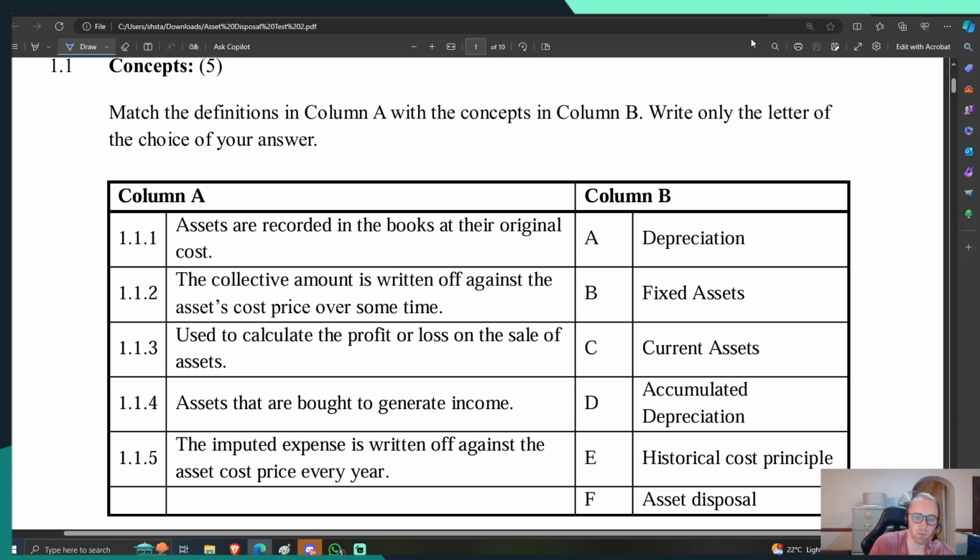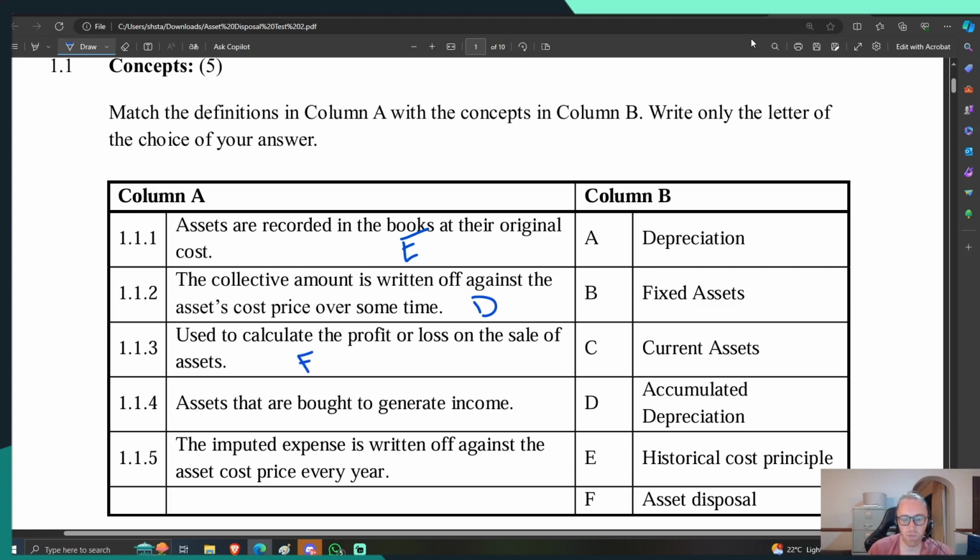So 1.1.1 is E. The collective amount of accumulated depreciation is written off over time, so 1.1.2 is D. 1.1.3, used to calculate the profit or loss on the sale of an asset. That will be asset disposal, F.